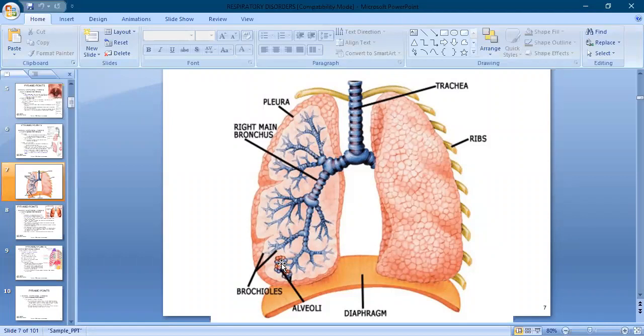Bronchioles end in the alveoli. The lungs' outer layer is called pleura. Sometimes fluid accumulates in between the lung and the central cavity. It is called pleural effusion. When you put the stethoscope or when you do the percussion, we will understand if it is normal or abnormal.